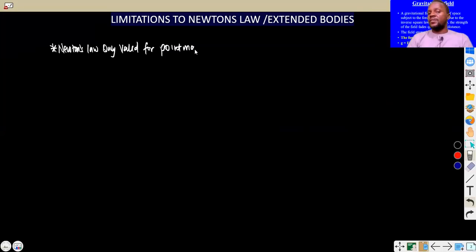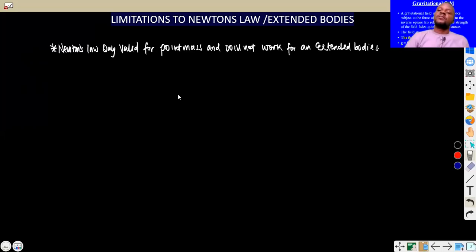When I say point masses, I mean shorty masses, that is small mass, and it will not work for an extended body. So this is one of the limitations if you ask. Newton's law of gravitation only works for point masses and does not work for what we call extended bodies or heavy mass.